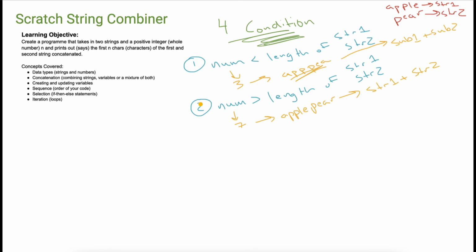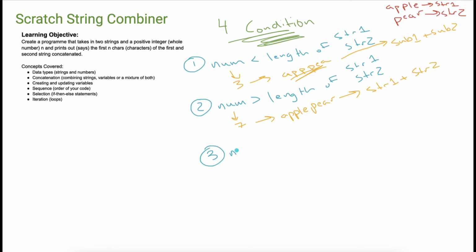Here are the other two conditions, which are a little trickier to think about. Let's say, for example, we go for 3.